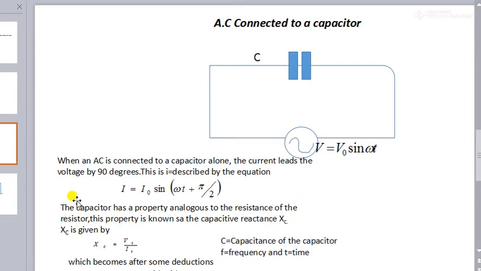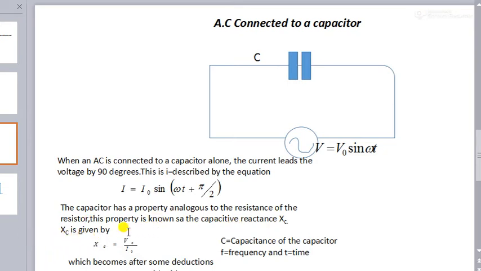So this property of the capacitor is called capacitive reactance, and is denoted by the symbol X_C.